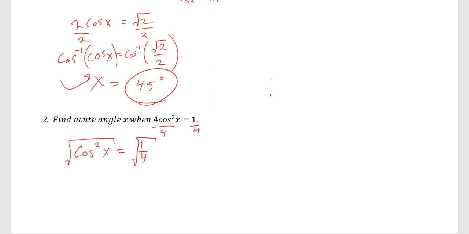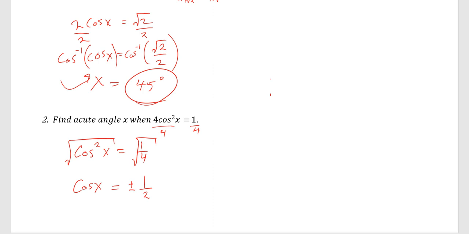Take the square root, again, because we have a square here and we want to separate the x. So cosine x is equal to, this is really 1/2, but it's not just 1/2, it's plus or minus 1/2. Remember, when taking the square root, you have to take the positive and negative value of the result.